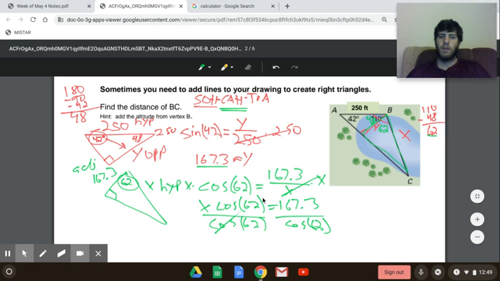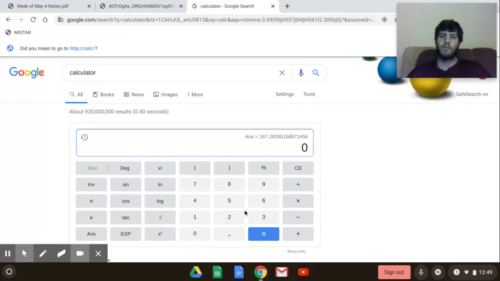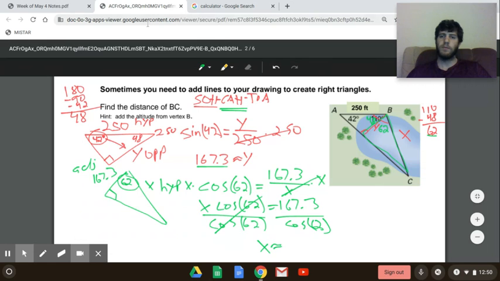And we get left with x is approximately 167.3 divided by cosine 62.